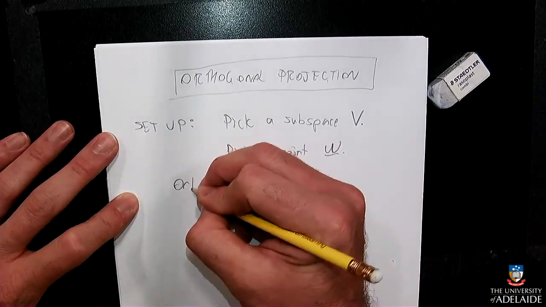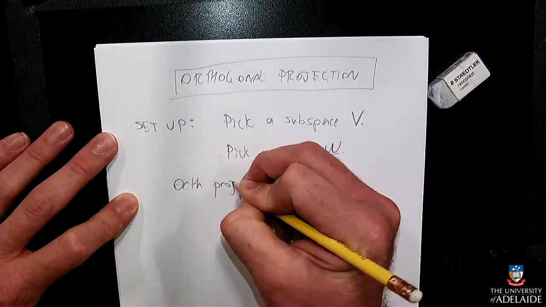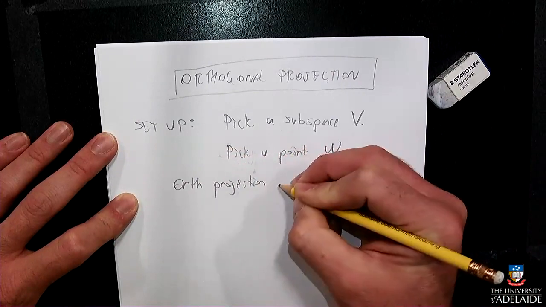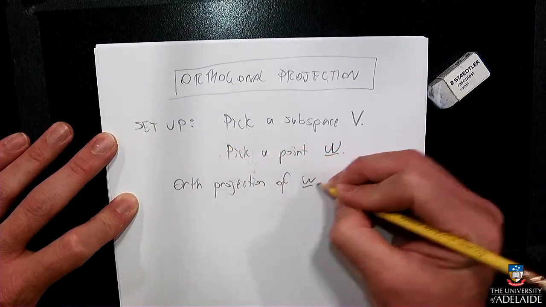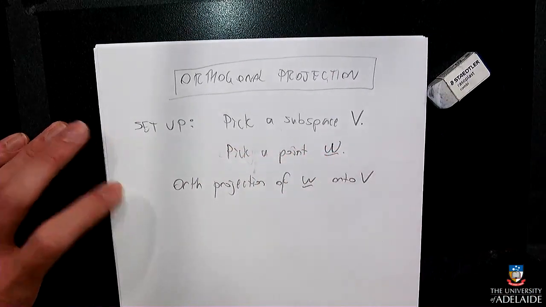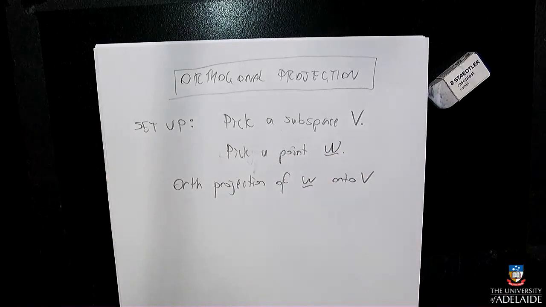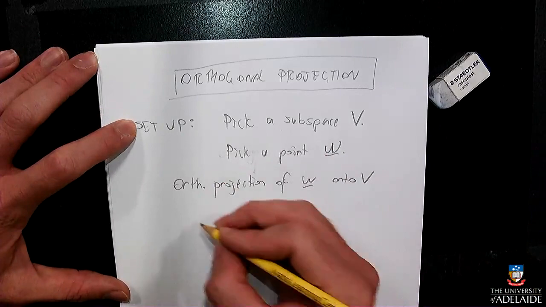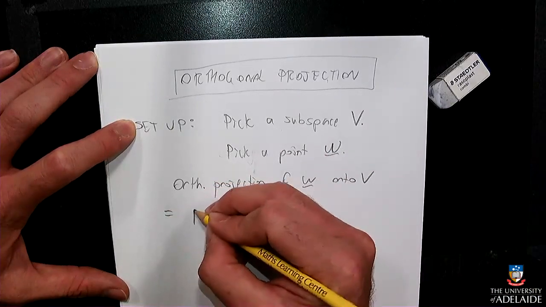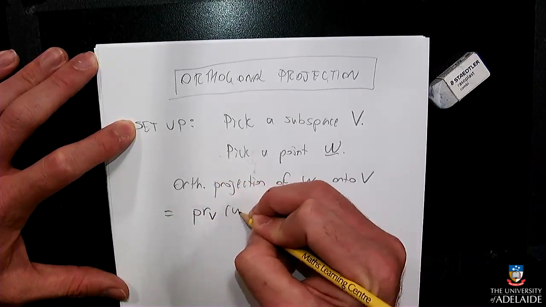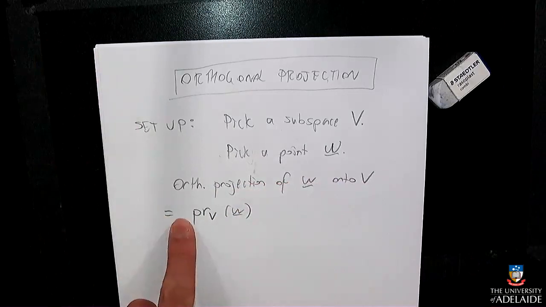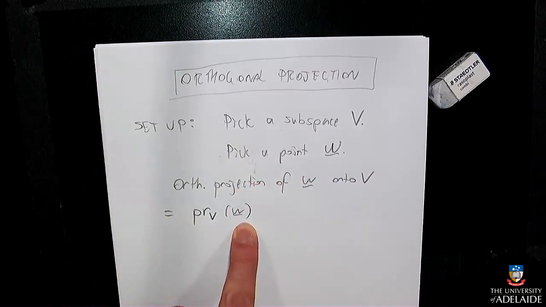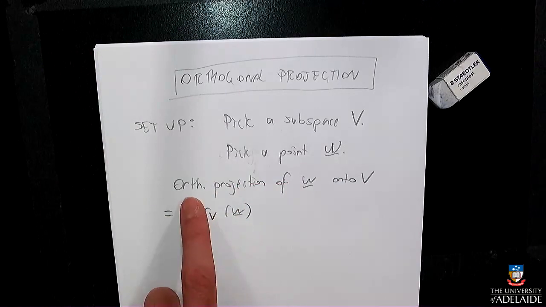Then the orthogonal projection of W onto V, that's how you say it aloud, orthogonal projection of W onto V, whose notation is the projection onto V of W. So that makes it sound like, what's the point of saying orthogonal?